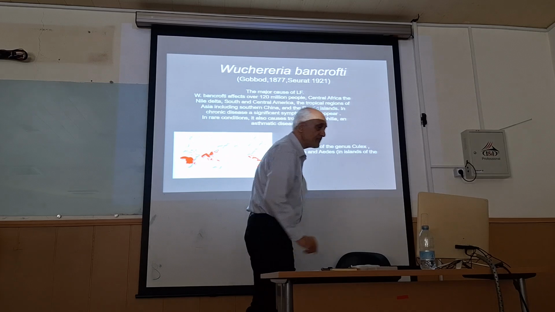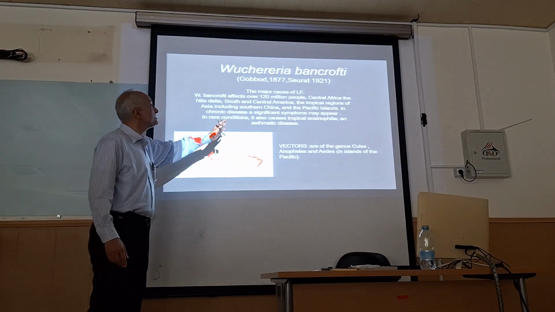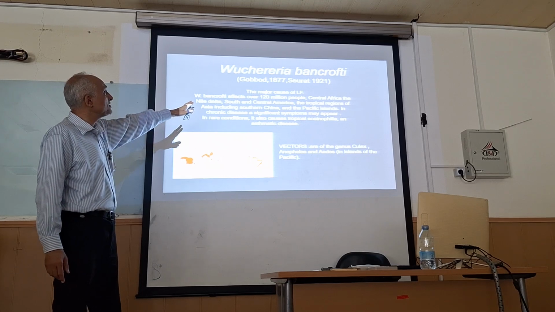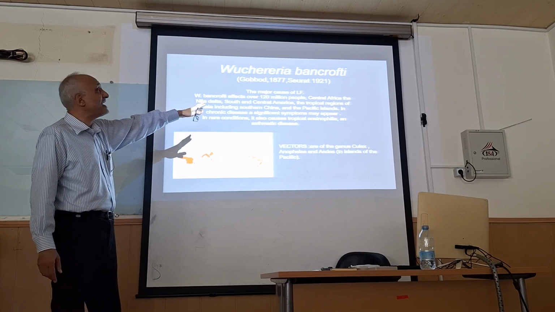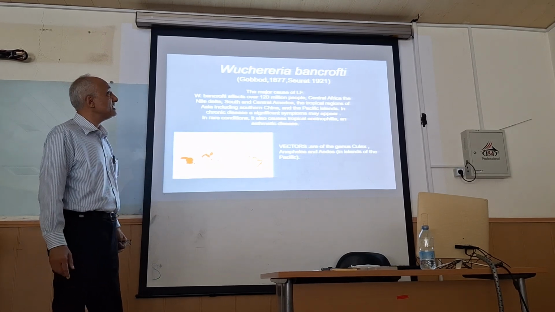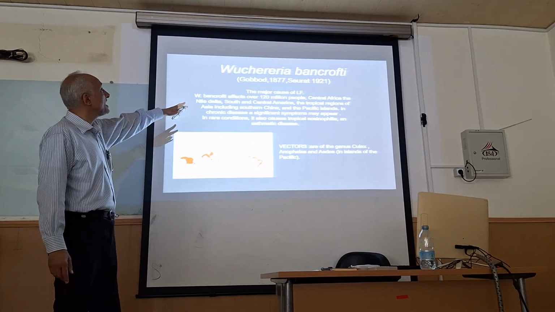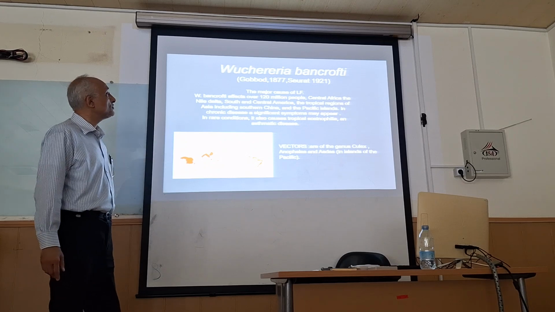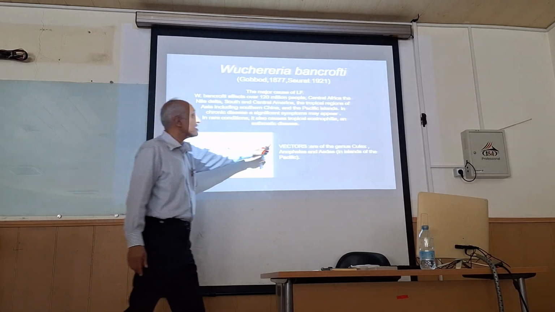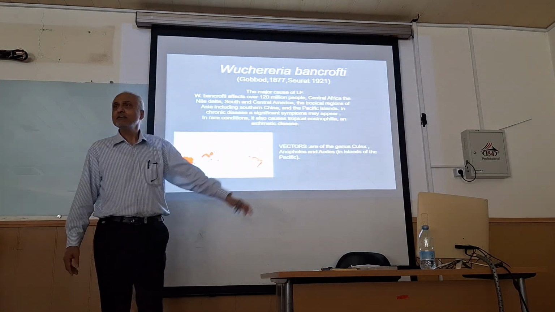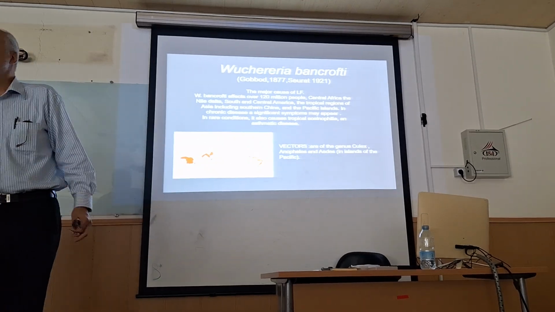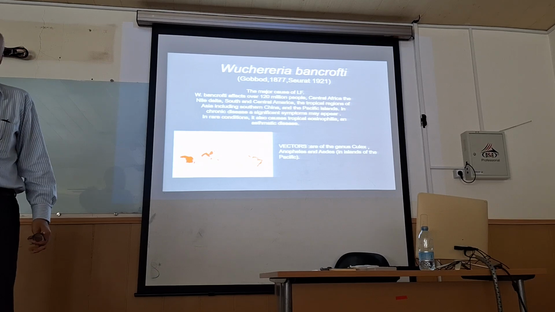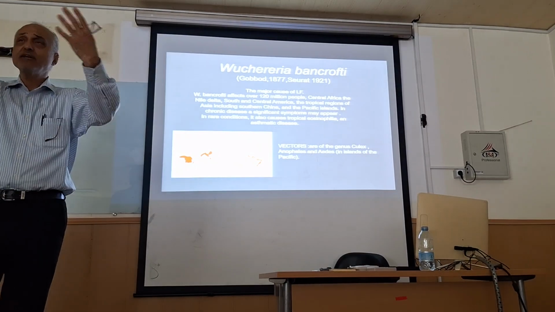This is the life cycle. For another matter, we can say the major cause of lymphatic filariasis, Wuchereria bancrofti, affects over 120 million people in Central Africa, the Nile Delta, South and Central America, and the tropical region of Asia, including southern China. Vectors are of the genus Culex. You can find Culex everywhere, in Tehran, wherever the window is not equipped with a screen.